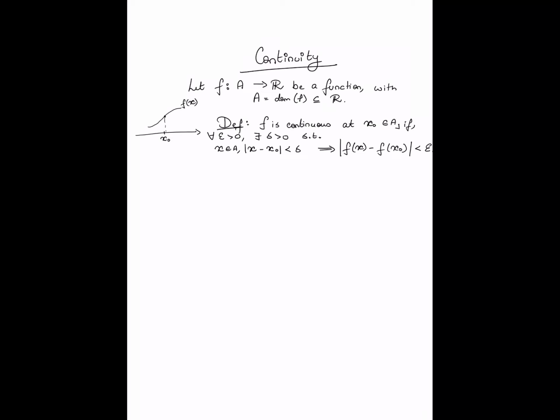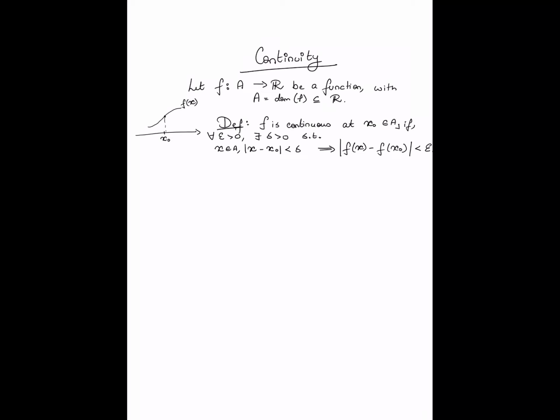If you think about it, what we are capturing intuitively is that as x becomes close to x0, f of x should become close to f of x0, right? And how do I formalize that? If I set any error threshold on the function values, let's say epsilon, then there is a small enough neighborhood around x0 such that for every x which is in the domain and within a delta neighborhood of x0, the function value will also be within an epsilon distance of the function value at x0, right?